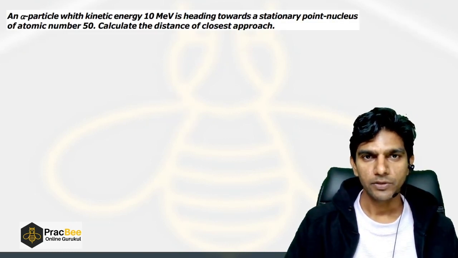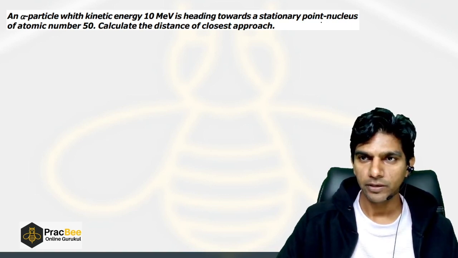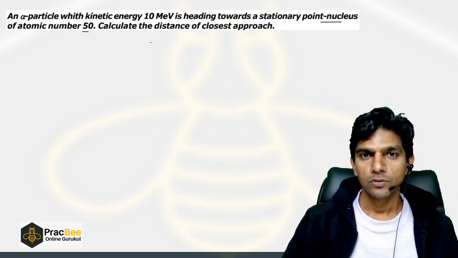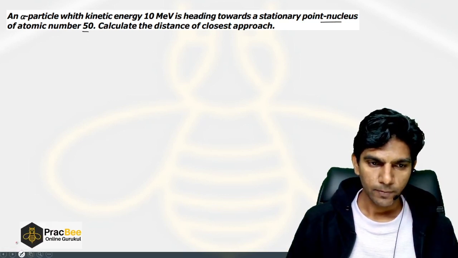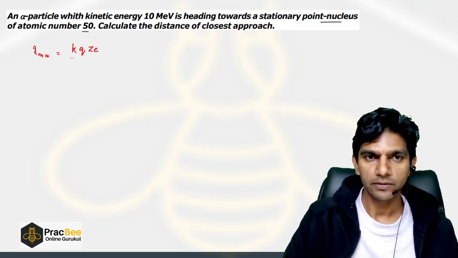An alpha particle with kinetic energy of 10 mega electron volt is heading towards a stationary point nucleus of atomic number 50. What is the distance of closest approach? R minimum in this case will be K times Q times Ze divided by Ki.